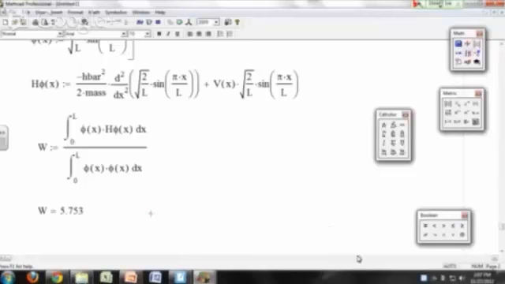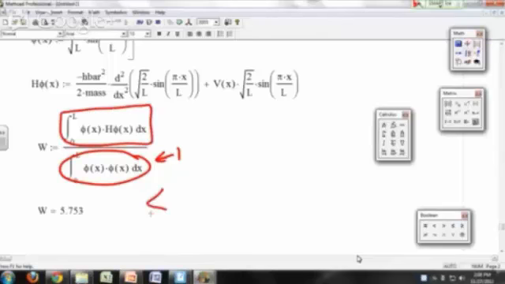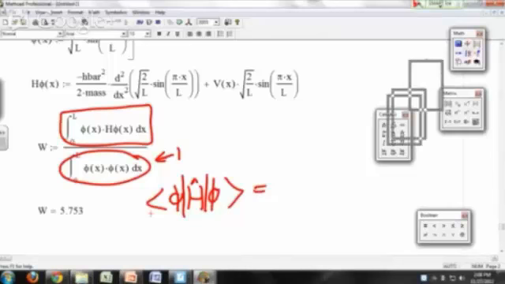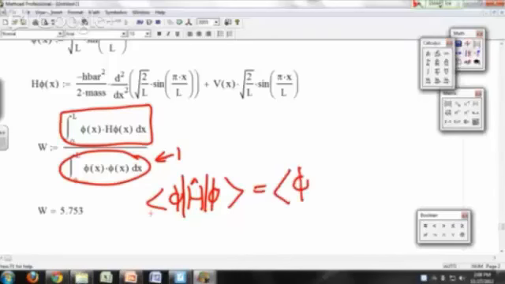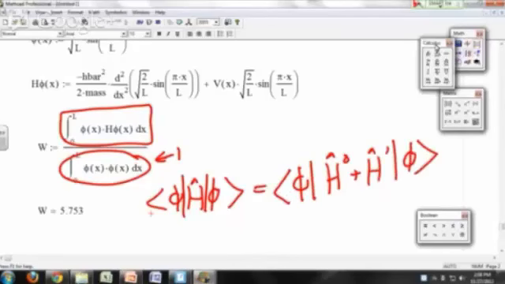Well, let's take a look at it this way. Remember, our phi is normalized, so this thing down here is really just 1, right? Our zero order wave functions are normalized. So let's just look at this expression up here. If you have phi h hat phi, let's break that up into phi h naught plus h prime phi. Well, what can we do now?